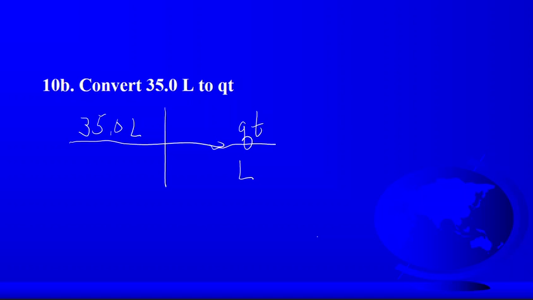All right, which means there should be a chart, 7 o'clock, that tells you this conversion. What is it? That's it. We're done. Liters cross out. So 35.0 times 1.057. Somebody with a calculator.